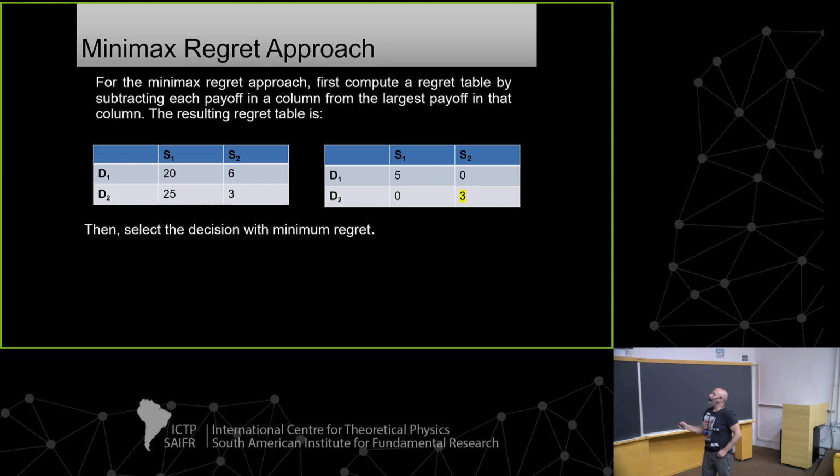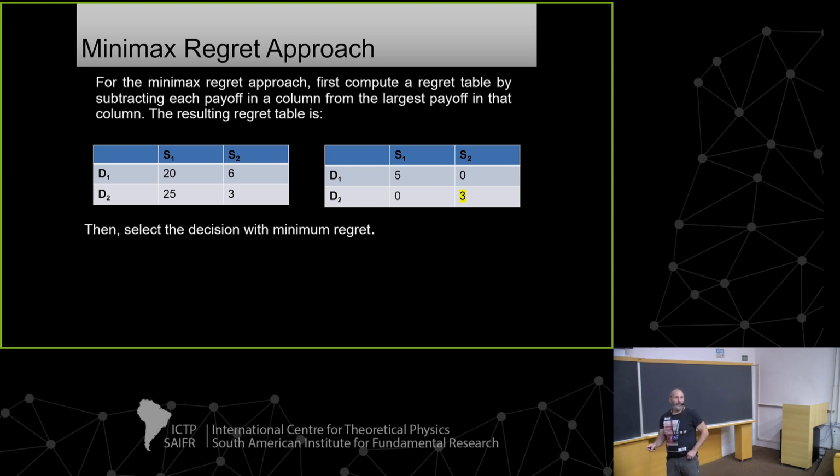So if S1 is, for example, if here, instead of having 3, you have 0, okay? So the regret would have been 6 in this case. So you would have chosen D1 instead of D2. Okay.